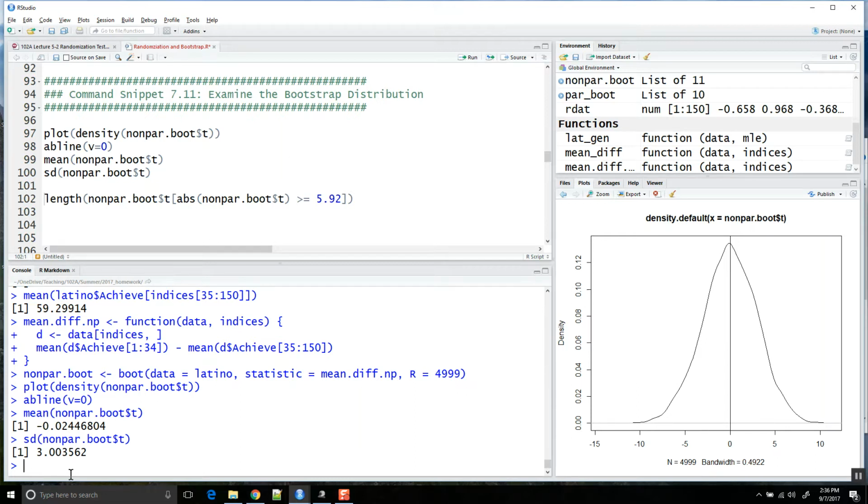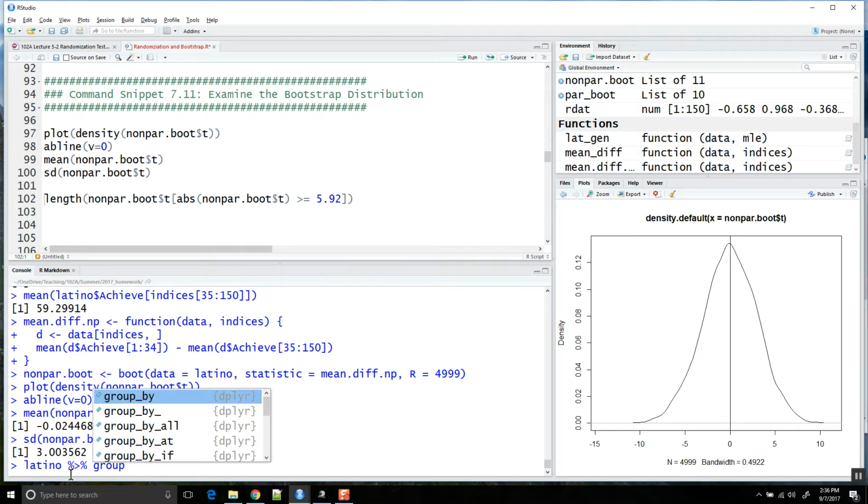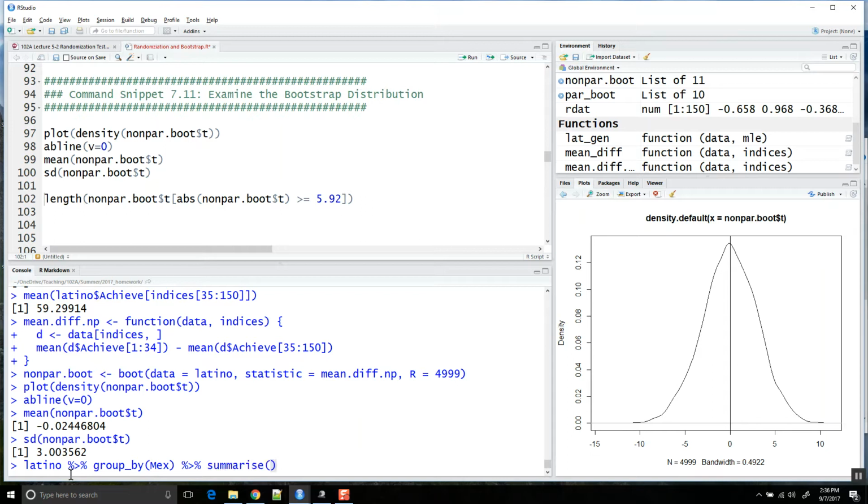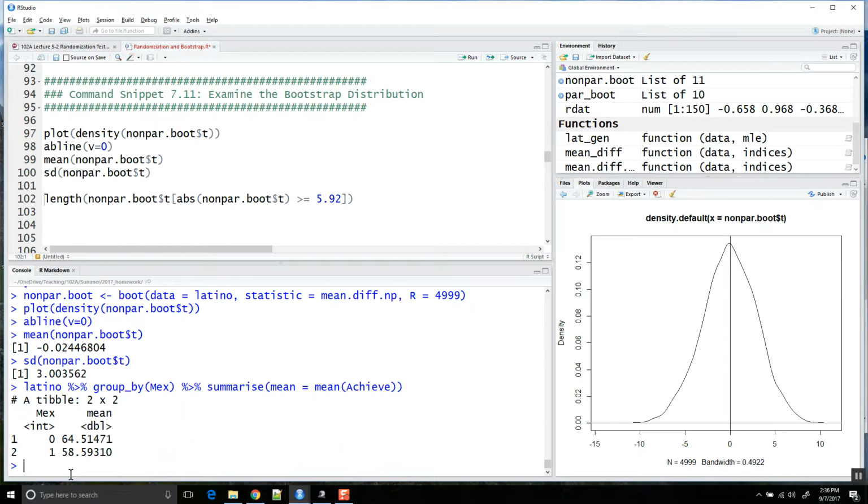So, going all the way back, if we take our data Latino and group by the column next and summarize mean equals mean of achieve, what we get is 64.51 minus 58.59.